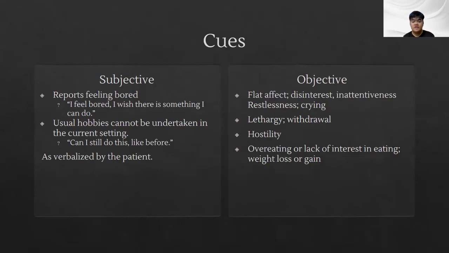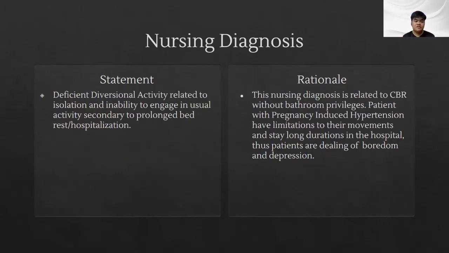So for the objective cues, flat affect, disinterest, inattentiveness, restlessness or crying, as well as lethargy or withdrawal, and can even be hostility towards the nurses or loved ones, and overeating or lack of interest in eating, weight loss or weight gain.